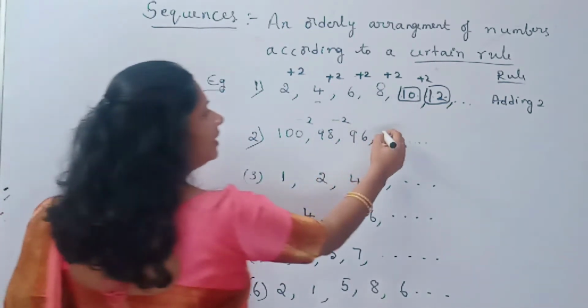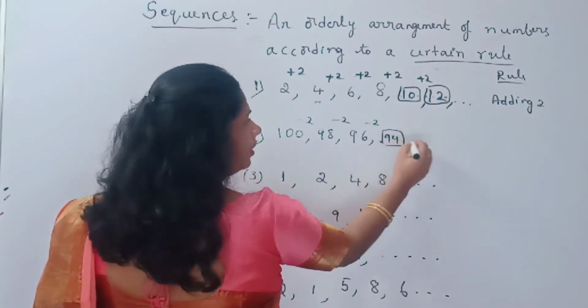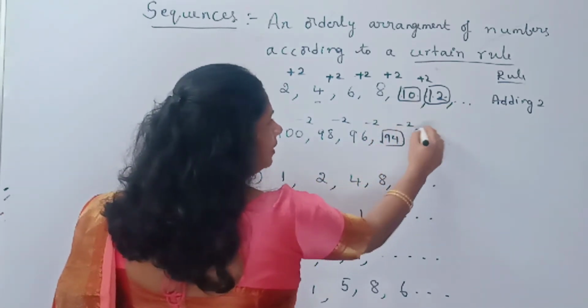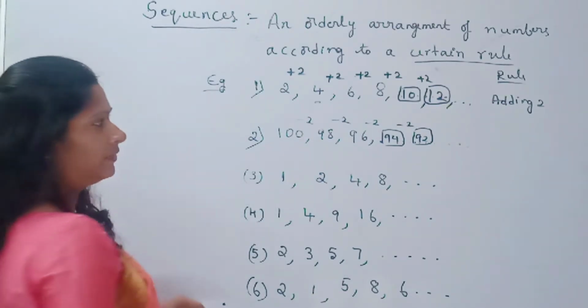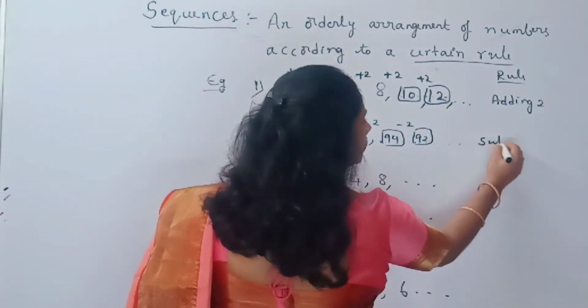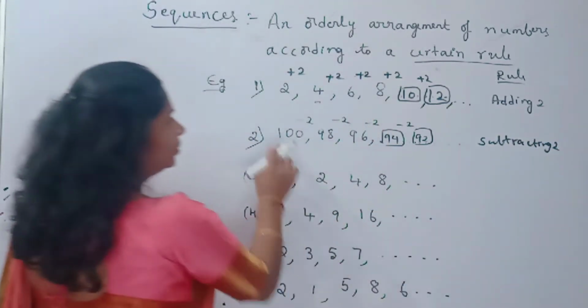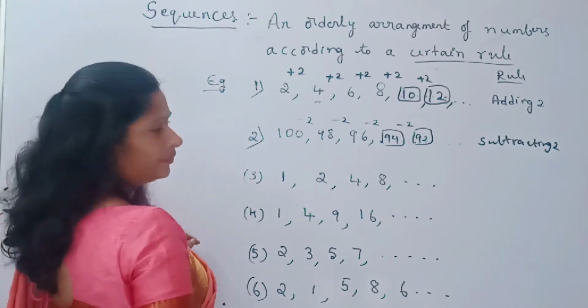So what will be my next number? 96 minus 2 is 94, and 94 minus 2 is 92 and so on. So what is the rule behind this sequence? Subtracting 2 from its preceding term, you will get the succeeding term.